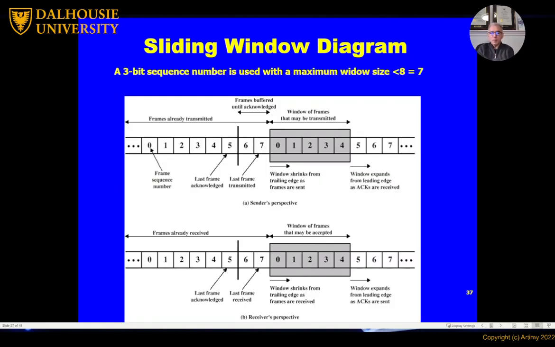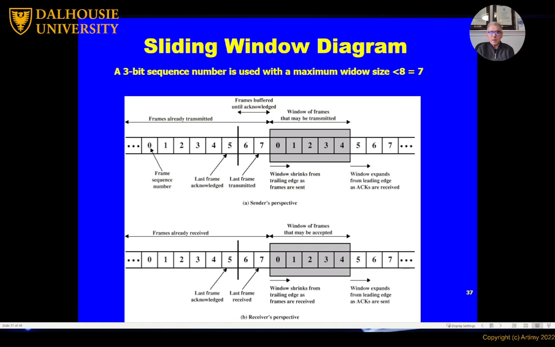So this is a representation of the sliding window. The transmitter and the receiver each keep a window, and the window is represented by the shaded area. The slots in the window are numbered 0, 1, 2, 3, 4, 5, 6, 7, and so on.